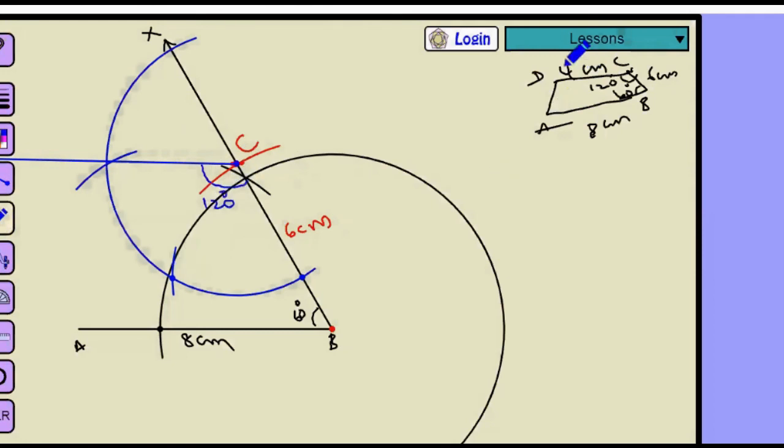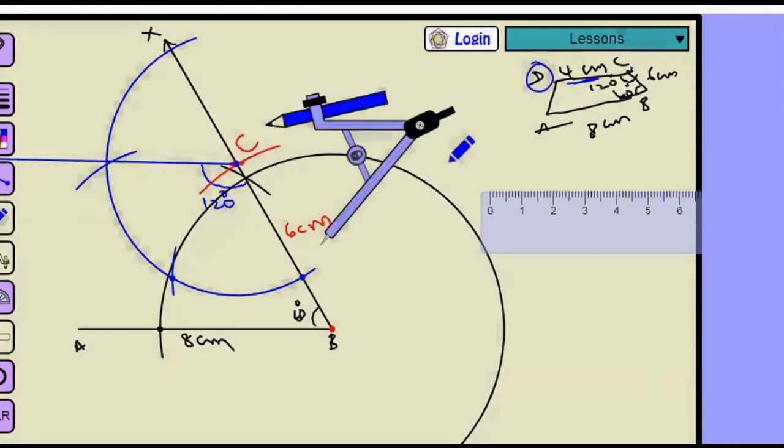Now we are going to locate the point D here. And we know the length of CD is 4 centimeters. For that, you should take the ruler and take the compass radius as 4 centimeters with the help of the ruler.